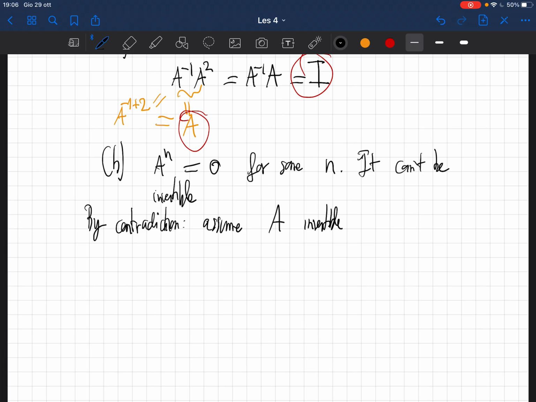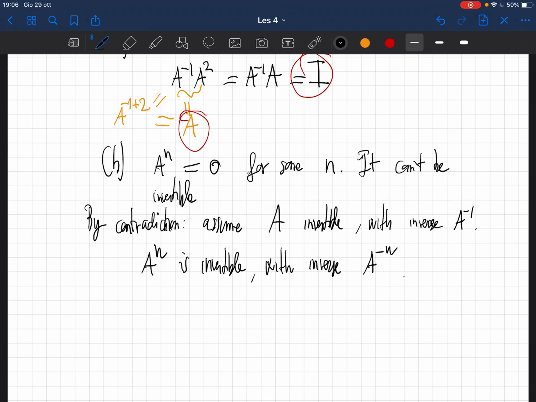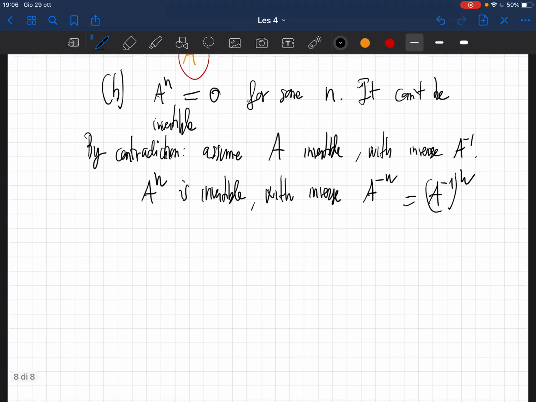That would mean that you have the inverse A minus 1, and there is something interesting here. If A is invertible, then A to the power n is invertible with inverse A to minus n, which means just A minus 1 to the nth power. This is very easy to check.